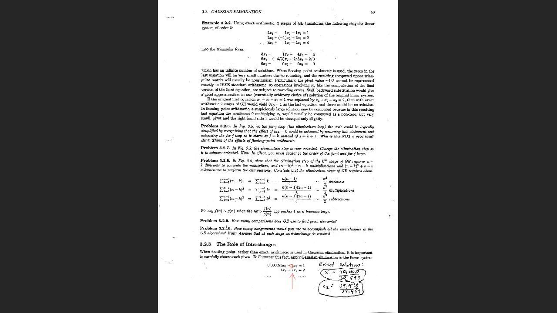In other words, I'm going to take negative 40,000 times this one and add it to this one here, and I get negative 39,999.